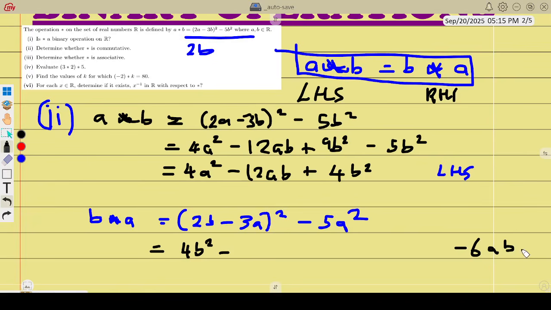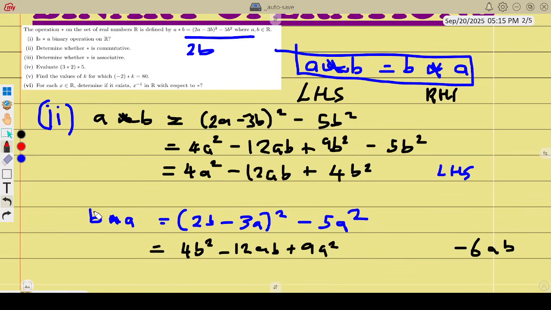Then since we are raising to the power 2, we multiply whatever we get by 2, so we end up with 12AB. And then negative 3A times negative 3A is positive 9A squared.